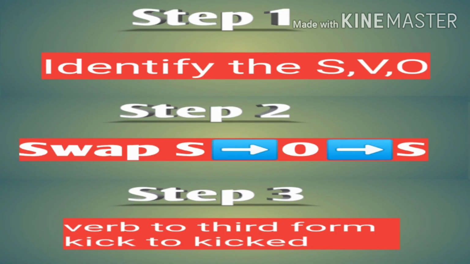So let's take a quick check if we have followed all the rules. The first one, we have identified SVO. The second, we have swapped S and O. We have brought the ball in front and we have pushed the pronoun he behind. Then third is we have used the third form of the verb that is already available with us, kicked.